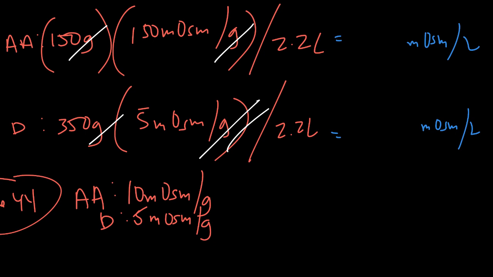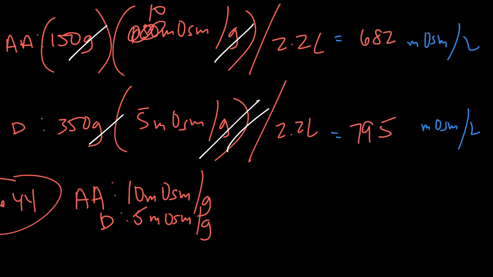So 150 times 10. That's 10. 150 times 10 divided by 2.2 is 682 milliosmol per liter. Dextrose, 350 times 5 divided by 2.2 is 795.